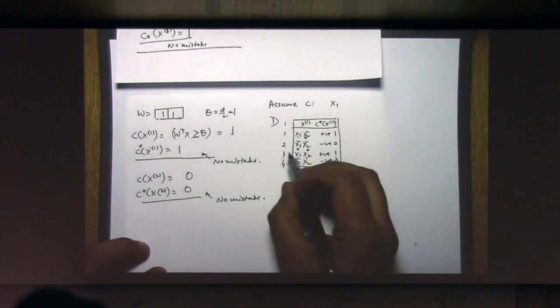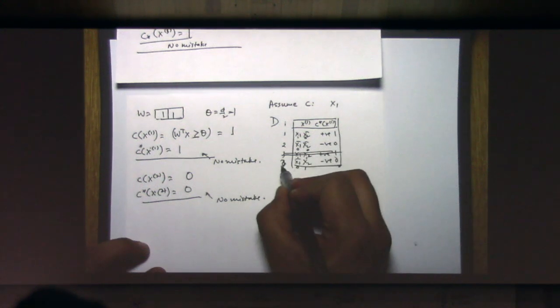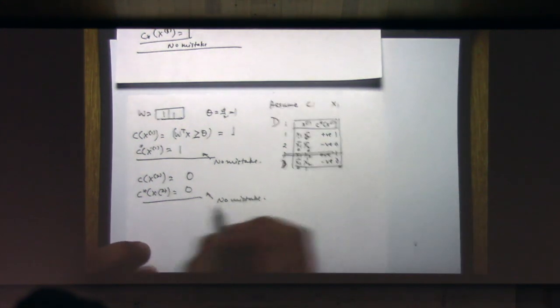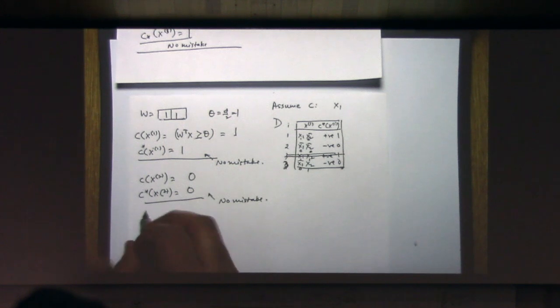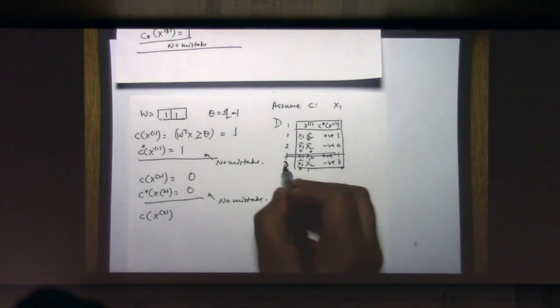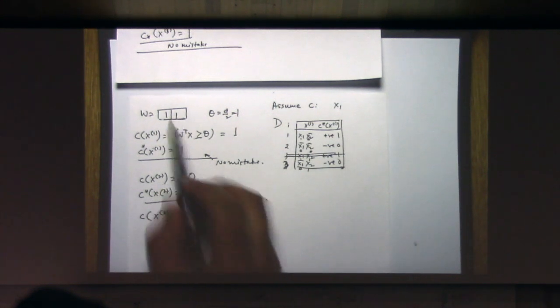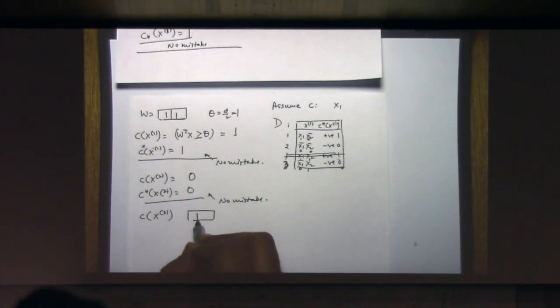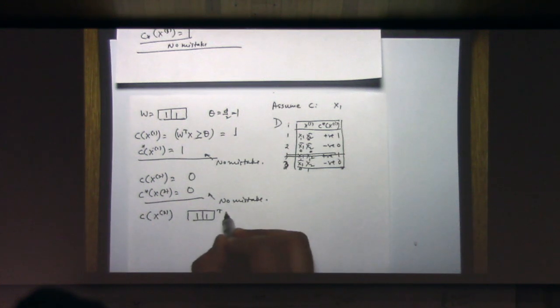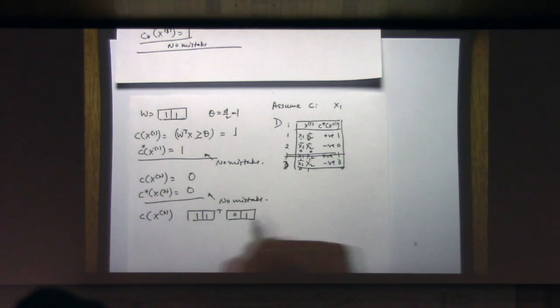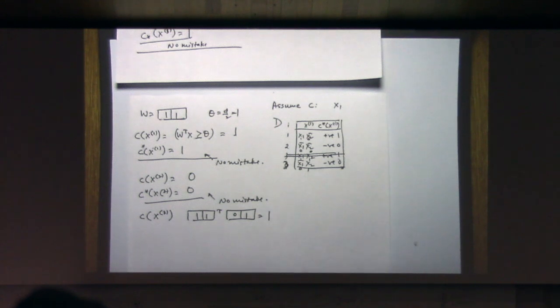Just for our fun, let's assume that this is our training data. So the third point is this one, okay? Let's compute what C of x3 is. The third point is actually 0 1. So when I take 1 1 transpose 0 1, that will give me a value of 1, right?